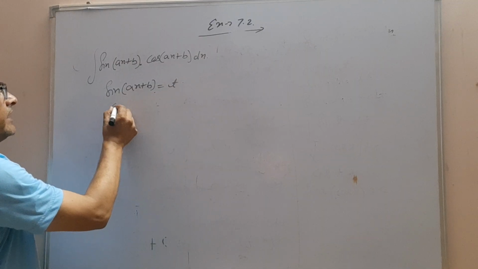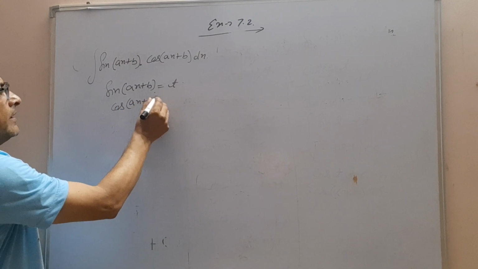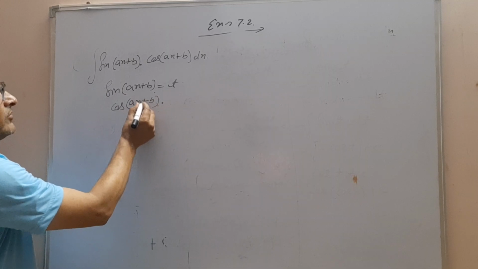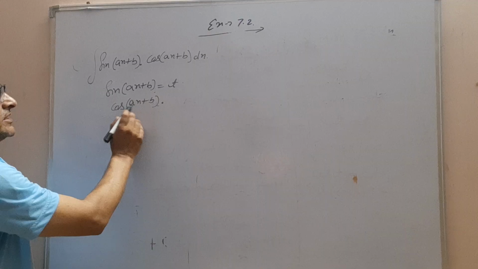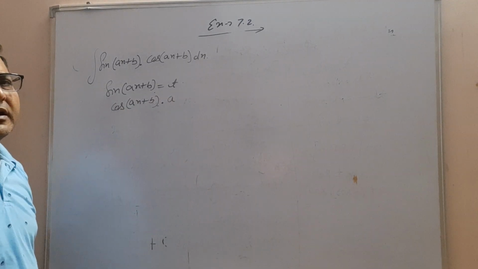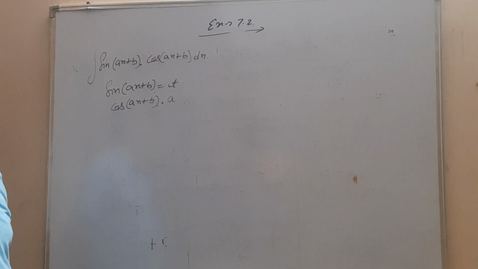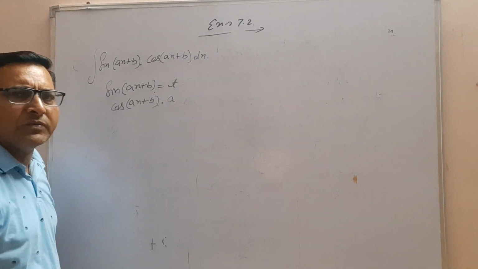The derivative of sine is cos, with the angle as it is, into the derivative of the angle. b is a constant, so its derivative is 0, and the derivative of ax is a, because we are differentiating with respect to x. The derivative of x is 1 and this is a multiple of x.